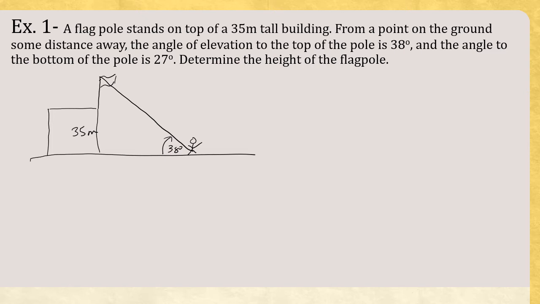We're going to often run into these scenarios where we have 2 triangles in the same question, so I'm going to use a different color. To the bottom of the pole, it says that it's 27 degrees. And from our helpful steps previously, anything that meets the ground we're going to assume is 90. We want to determine the height of the flagpole. So our end game is this: we want to know what that height is.